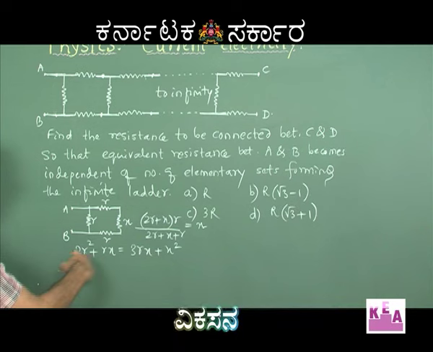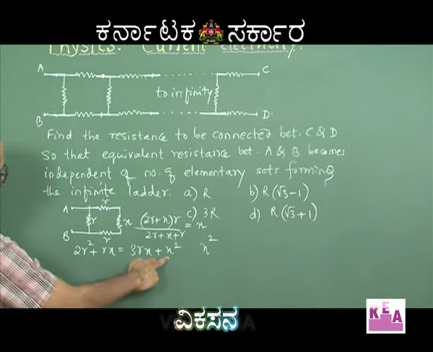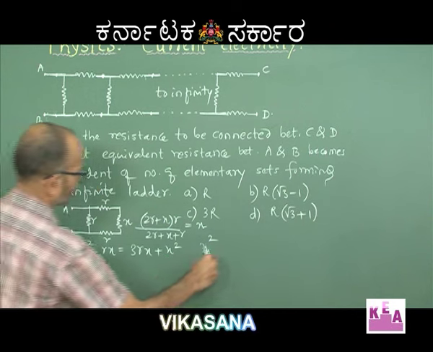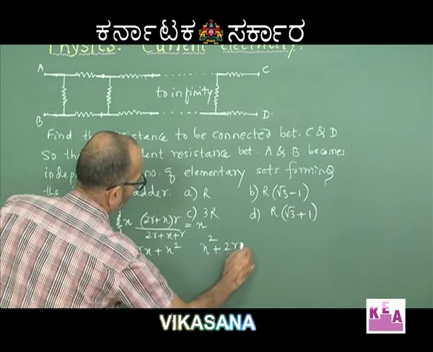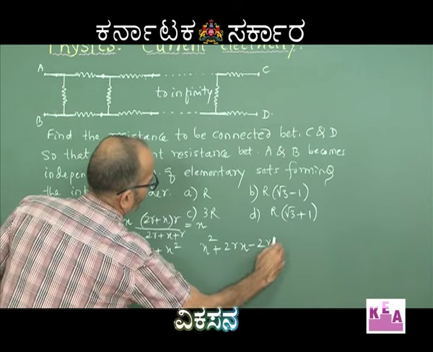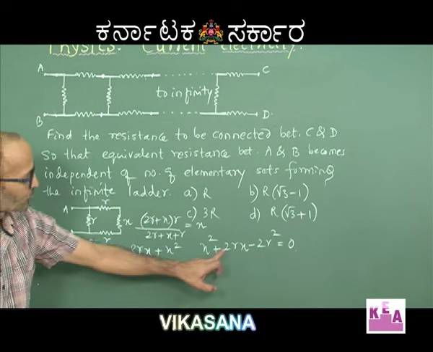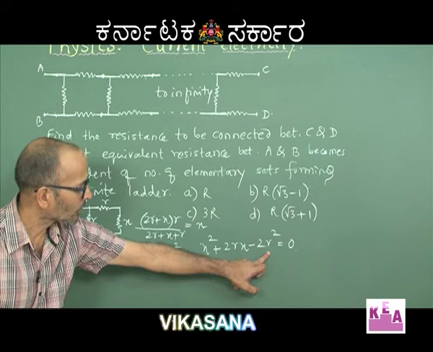So, this is a quadratic equation in X. I will rewrite it again. It will be X square, 3Rx minus Rx is 2Rx, and minus 2R square equal to 0.